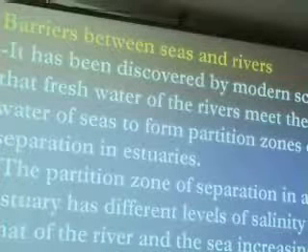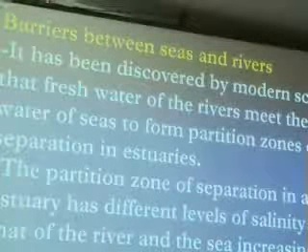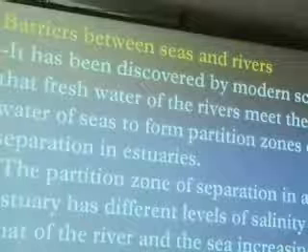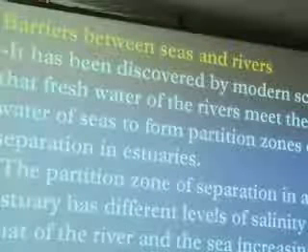Okay, so rivers empty their water into seas. And the point of meeting is the barrier and the partition, or the protecting partition.